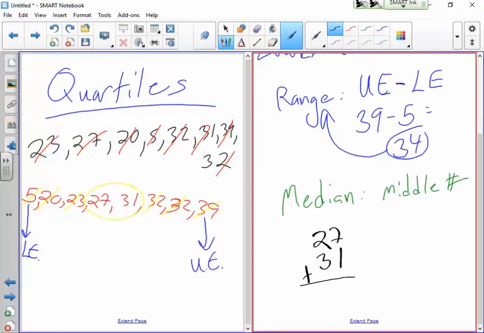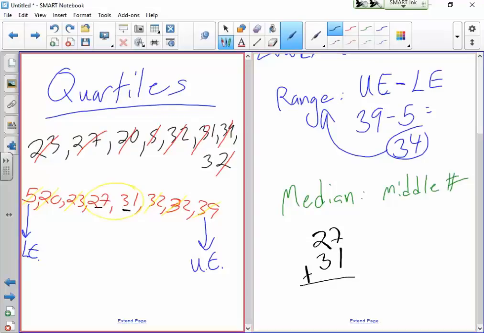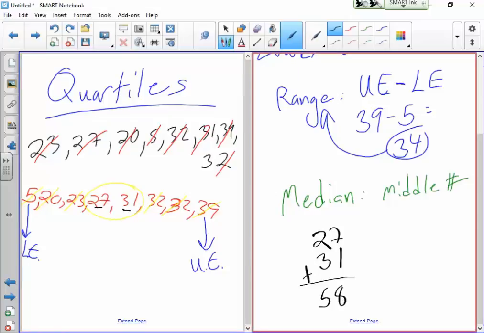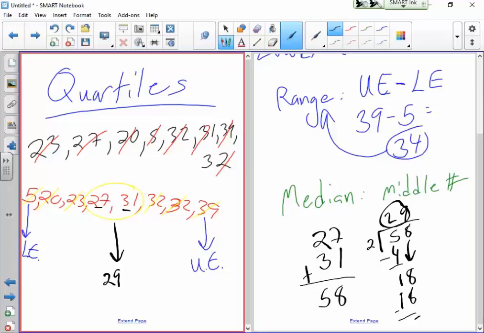Everybody cool? We are adding 27 and 31. What does that give me? I get 58, and 58 divided by 2 goes in 2 times, gives me a 4, and 1 and 8 gives me a 9. So 29. My median in this case is 29. Are you okay with that?